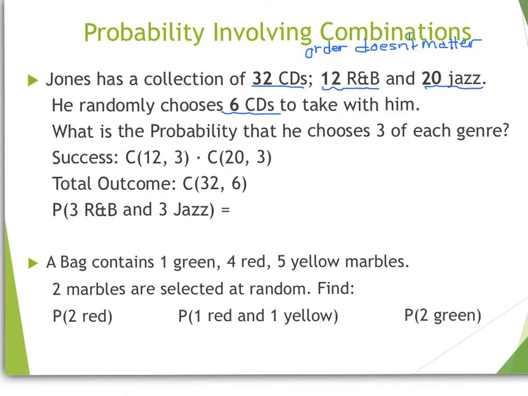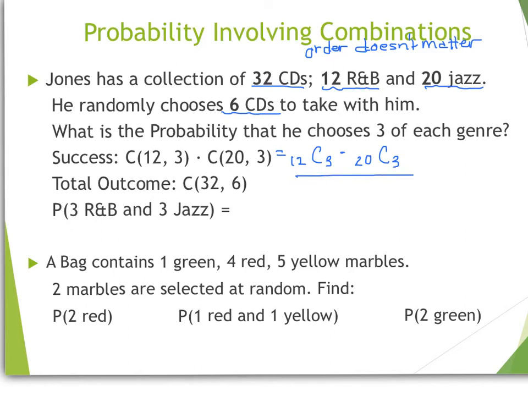So that's exactly 12 choose 3, even though he has a total of 32, we're only picking the R&B from the total set of R&B, and then times, that's your counting principle, of the 20 jazz, he's only going to choose 3. That represents our numerator, the probability of success. The 3 and the 3 add up to the 6 total that he's going to choose.